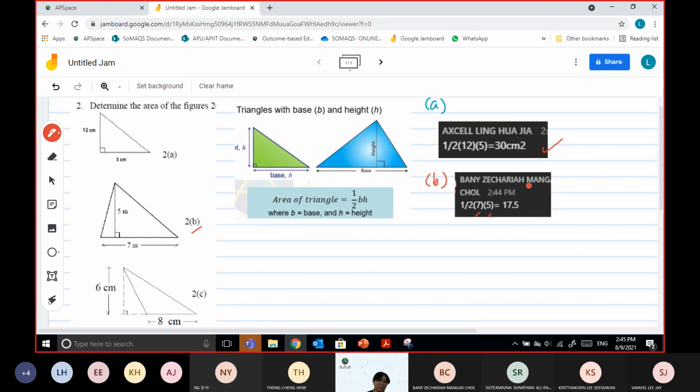So 17.5. Yes, correct. This is in meters, so meter square.